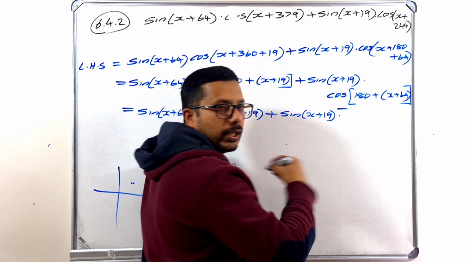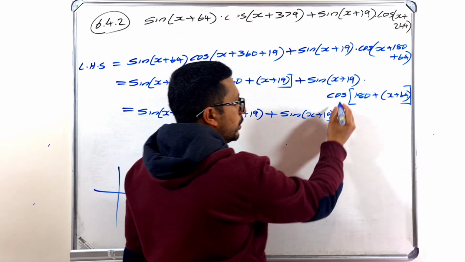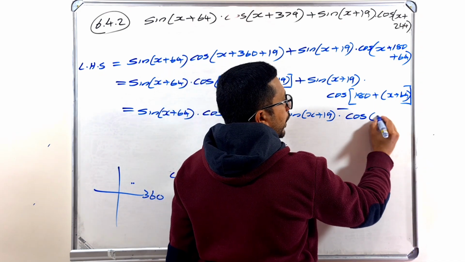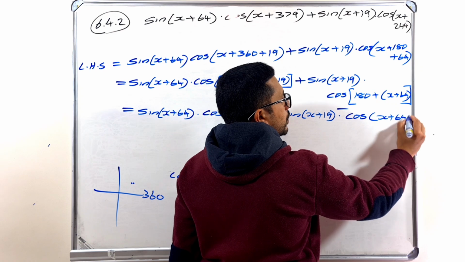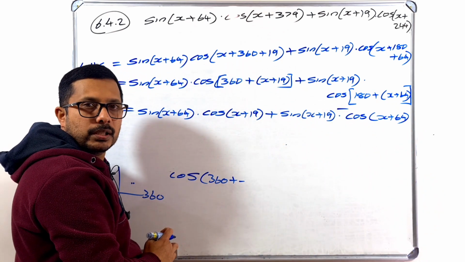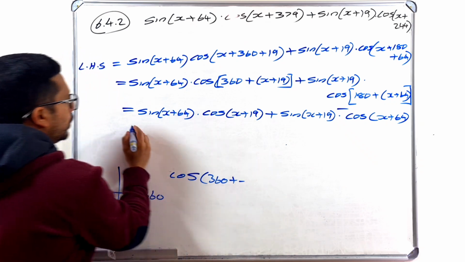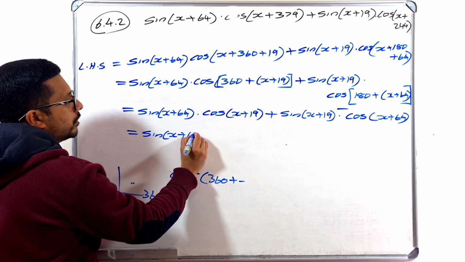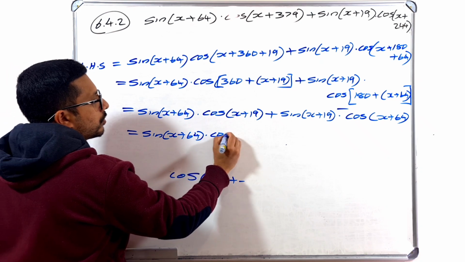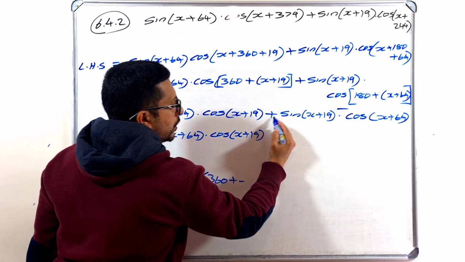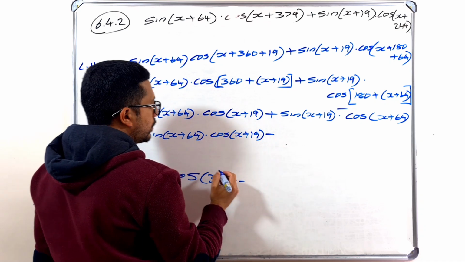If it is based on 180 or 360, no change. So it is minus cos, then that angle is x plus 64. So this minus times plus is minus. Okay, so next step, sine of x plus 64 into cos of x plus 19, minus into plus is minus.